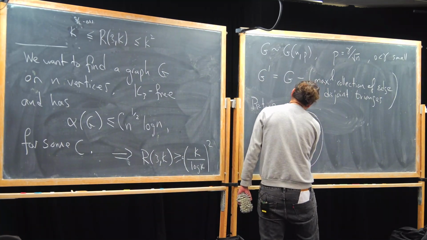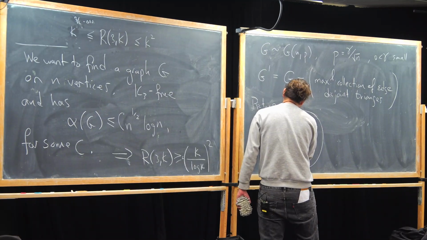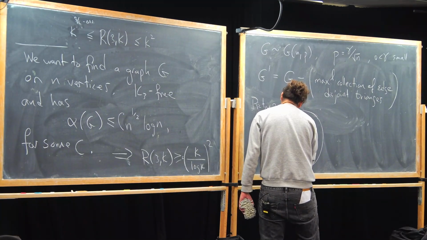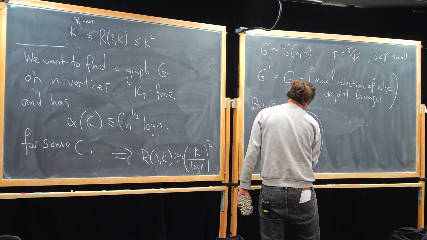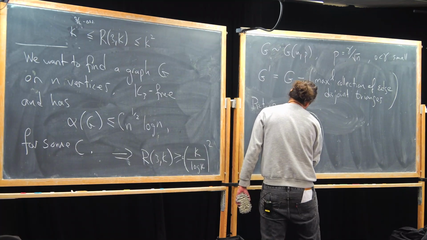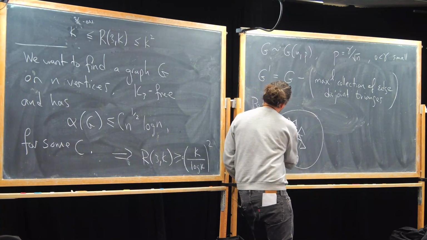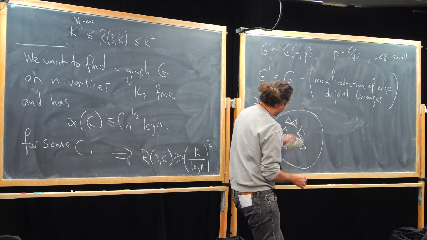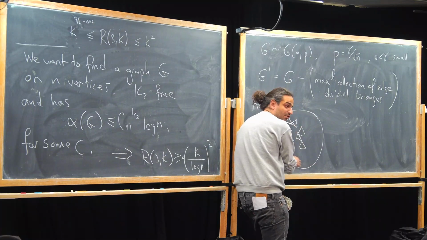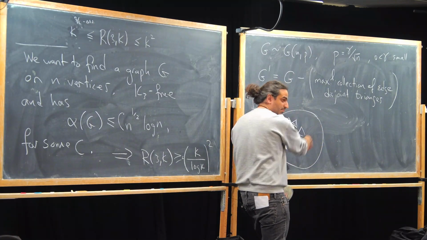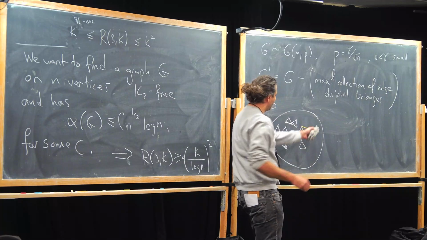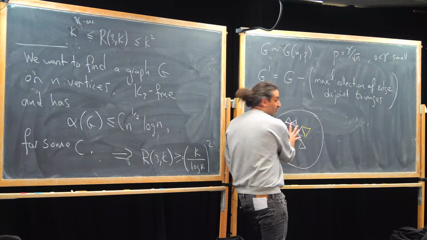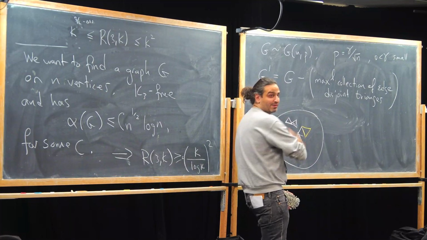And what I'm going to do is take a maximal collection. So just keep adding triangles until any further triangle will share an edge with one of these triangles. So say this is a maximal collection. Now I can't add this. When I remove all of these edges, I better have hit every triangle.